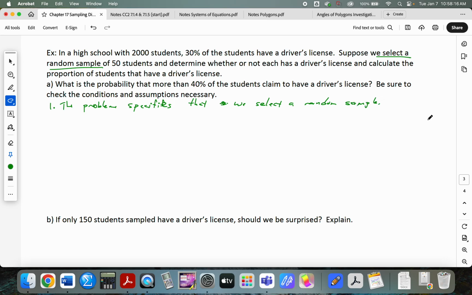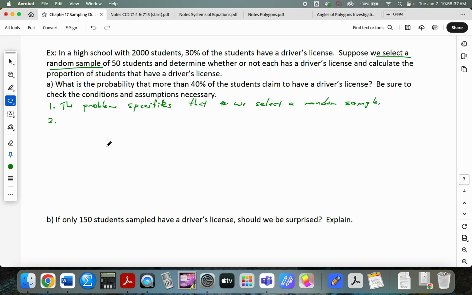And I know it's a lot of writing, but don't get lazy on this. On the AP exam, if you do random, check mark, independent, check mark, you're just going to get killed. Okay?